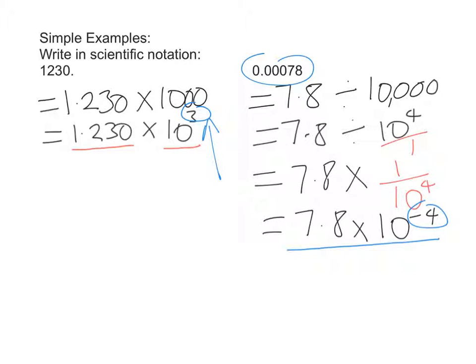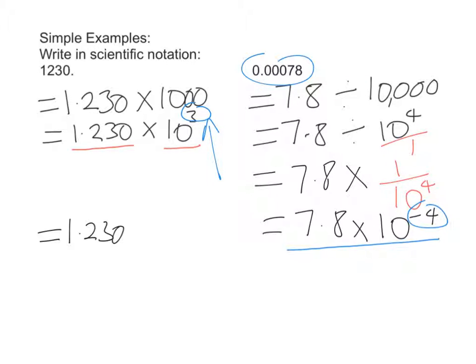Now the last example that I've done, I showed all the steps so you could see how we got the -4. In reality, what we do is we use a shorter way to work out what the scientific notation would be. So let's look at that. In the first question, where it's 1,230, first of all, I just need to write 1.230.